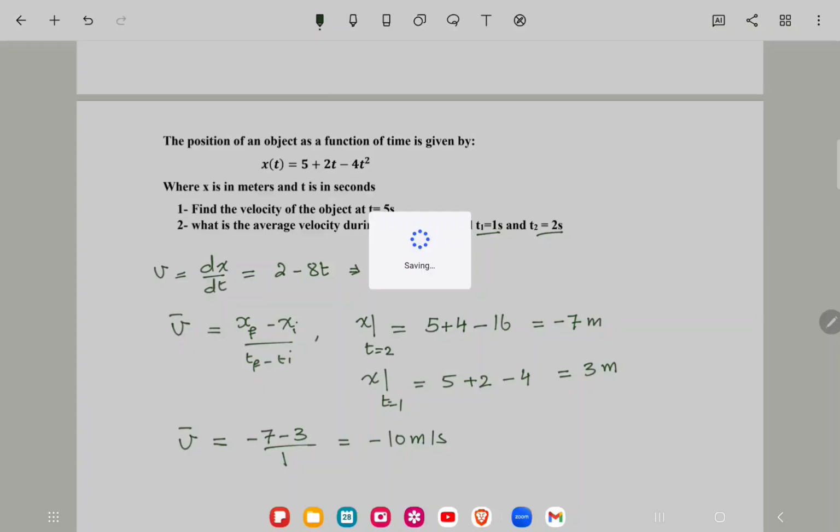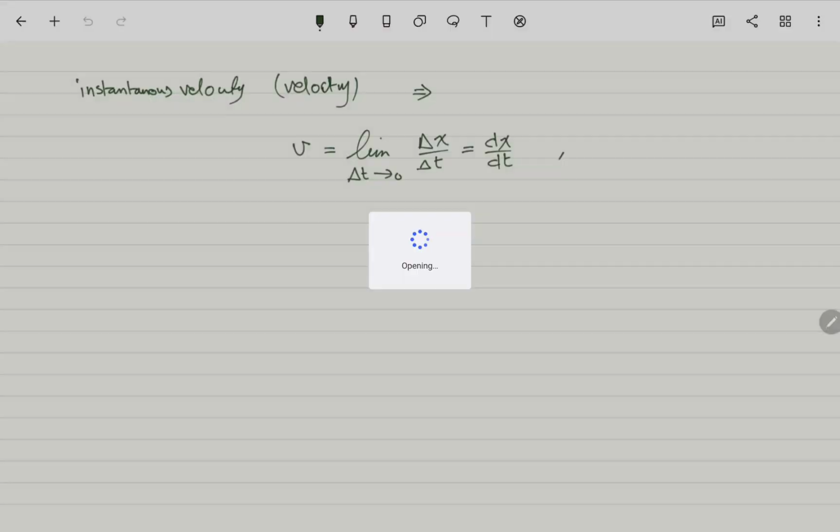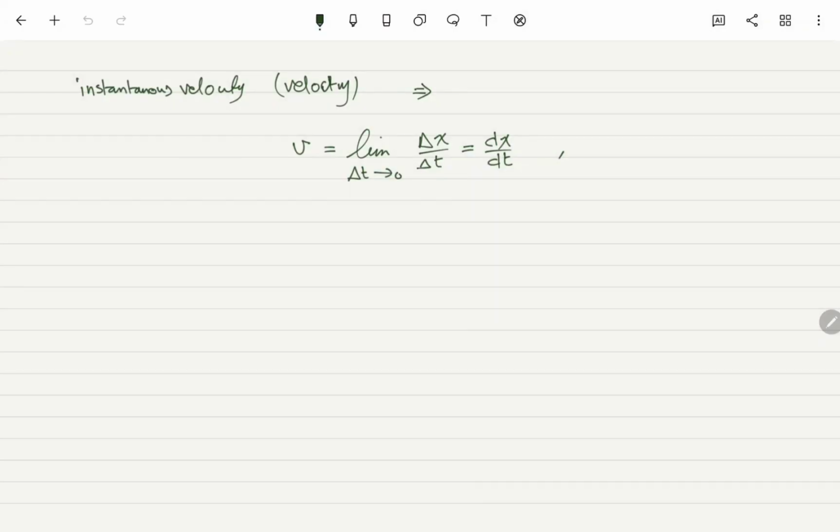Back to our last concept in this lecture, which is acceleration. When it comes to acceleration, there's no such thing as scalar or vector; it's just a vector quantity. So a is measured in meters per second squared, and it's defined as the rate of change of velocity. Acceleration a equals delta v over delta t.